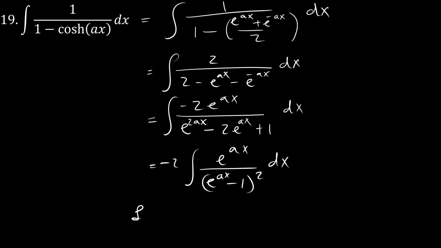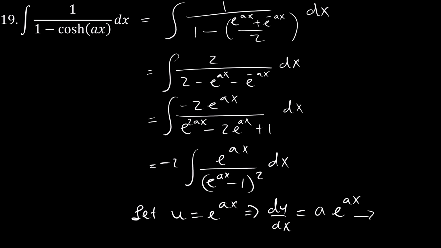Okay, so say let u be equal to e to the ax. We have du dx is equal to a e to the ax, meaning that du over a is the same as e to the ax dx. Okay, so what does that mean?